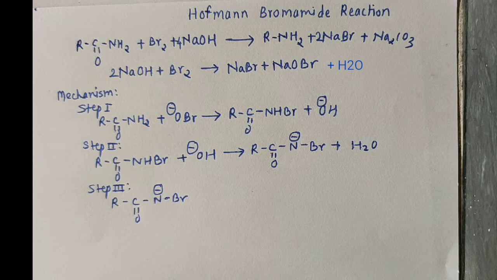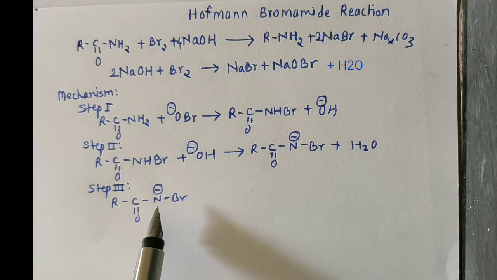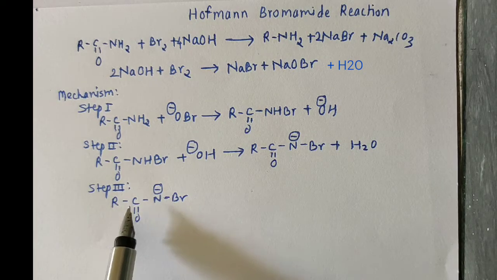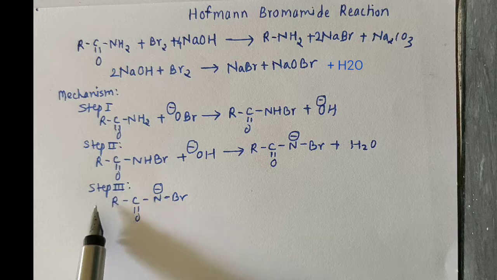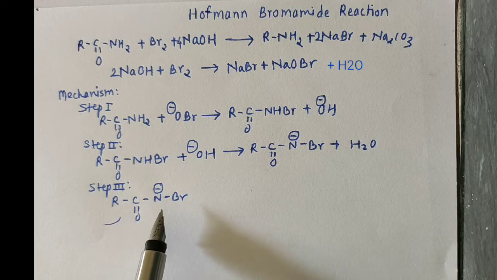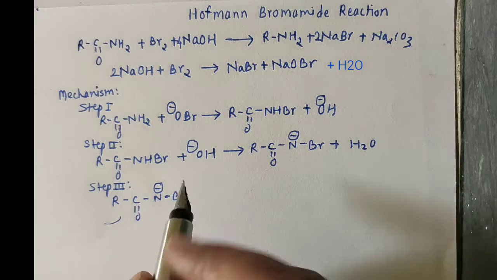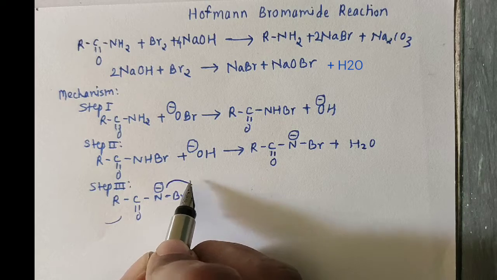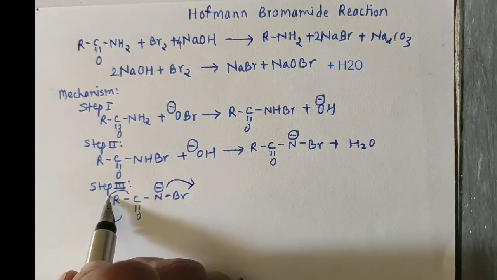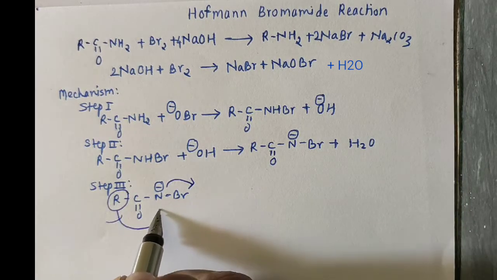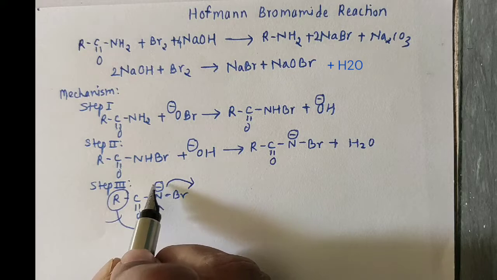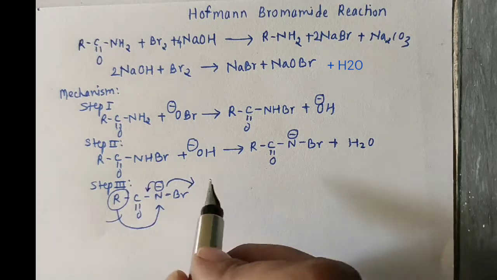This is an electron deficient species. Electron deficient nitrogen is there, and for that purpose the R group migrates towards nitrogen. Ejection of bromide, then migration of the R group to the electron deficient nitrogen and movement of electrons take place.